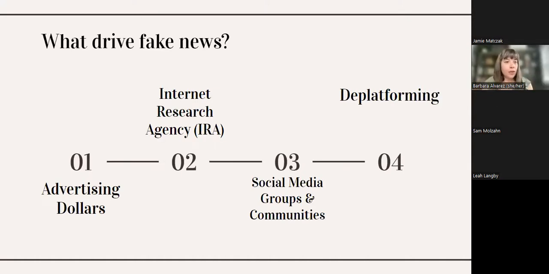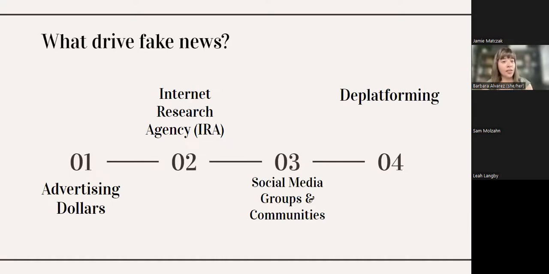So people can generate advertising dollars just by creating a website and putting fake news out there. There can also be more orchestrated actors to this. The Internet Research Agency is perhaps one of the most well-known orchestrated actors in this.